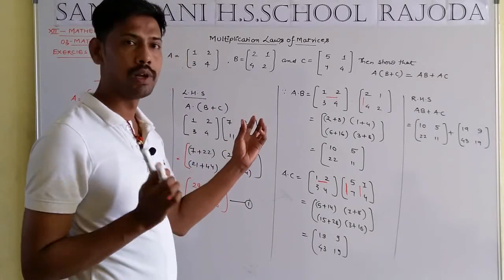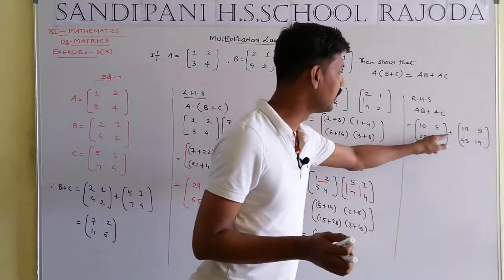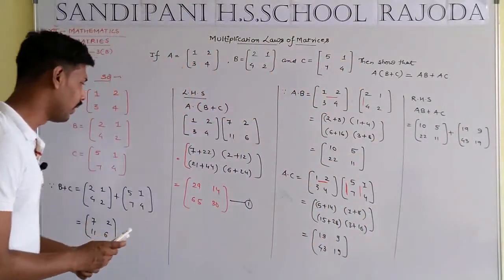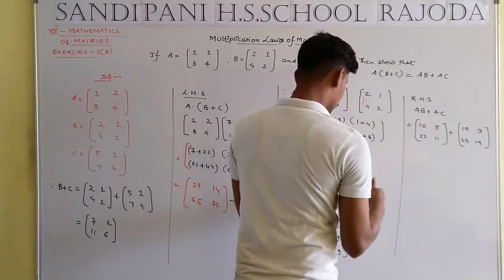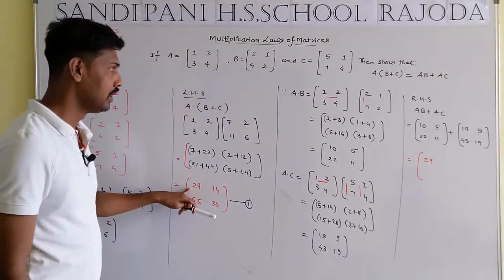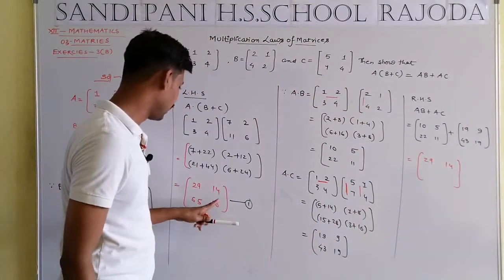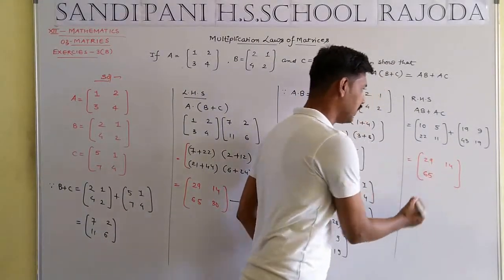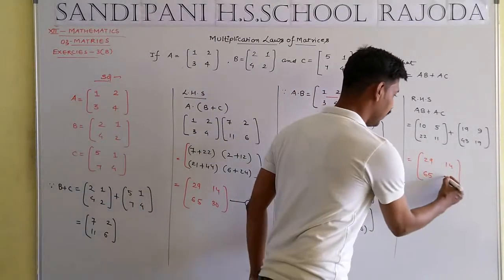The first element of the first matrix is added with the first element of the second, second with second, third with third, and fourth with fourth. The required solution is in the form 29, 14. So 10 plus 19 equals 29, both are equal. Second, 5 plus 9 equals 14, also equal. 22 plus 43 equals 65. And finally the last one, 11 plus 19 equals 30.